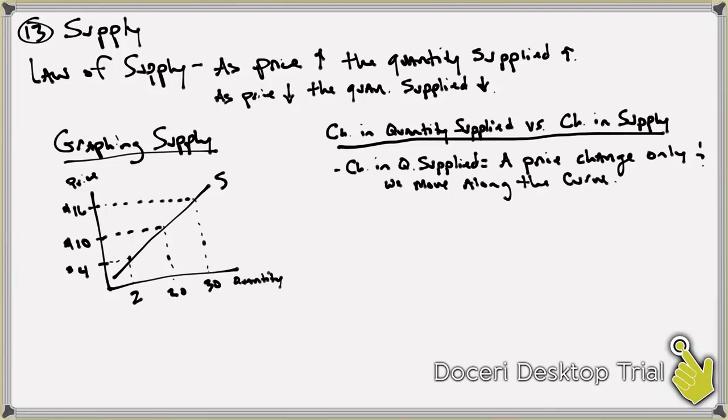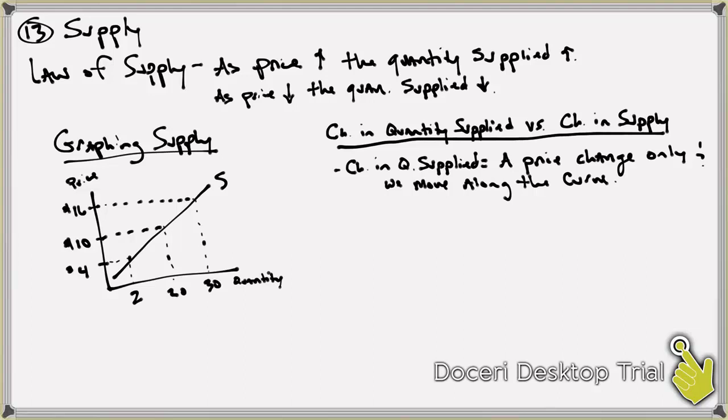So when there's a price change only, nothing else changes, we move from one point to another point along our supply curve. And we call that a change in quantity supplied.